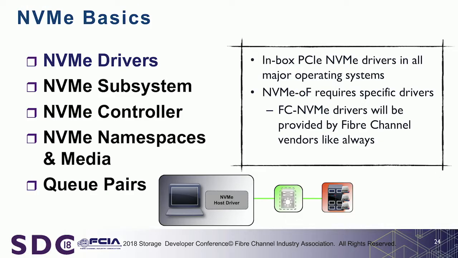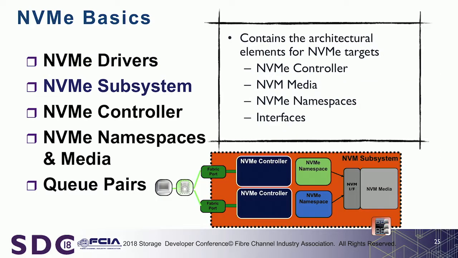So some basics. An NVMe system consists of certain components. Of course, you have drivers. And for FC-NVMe, the drivers will be provided by the vendors and put into the Linux stack, as happens in other technologies. The other component in NVMe is the subsystem, and this is really the storage device.